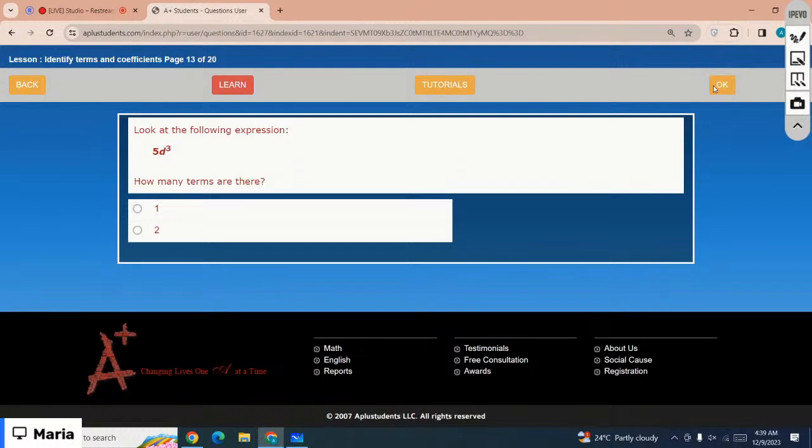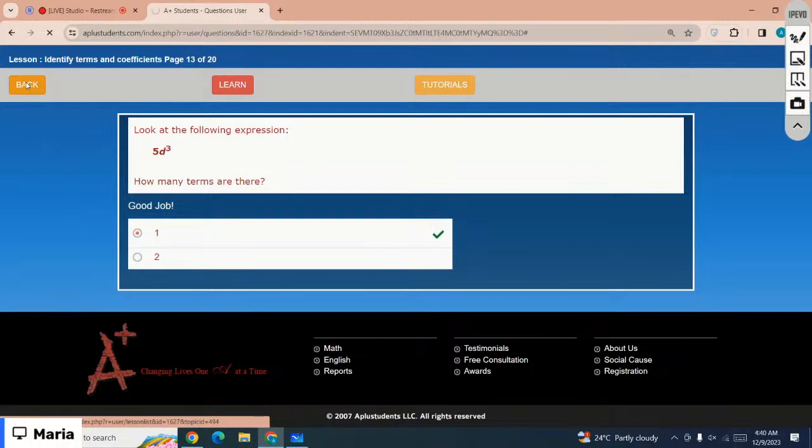How many terms are there? Only 1 term, right? Okay, you can complete the lesson by yourself later today.